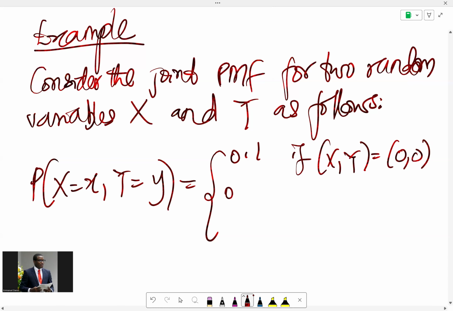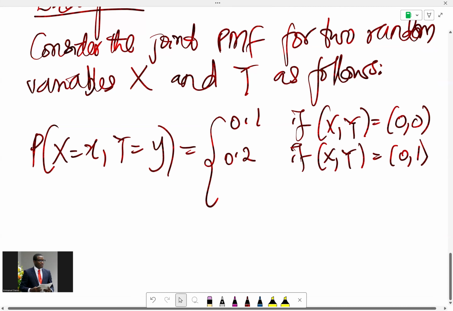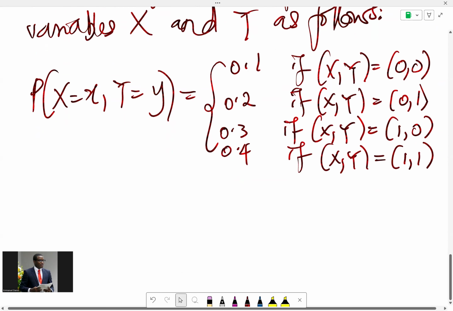It is 0.2 if x, y is equal to 0, 1. Then it is 0.3 if x, y is equal to 1, 0. And it is 0.4 if x, y is 1, 1. Okay, so that's the probability mass function.